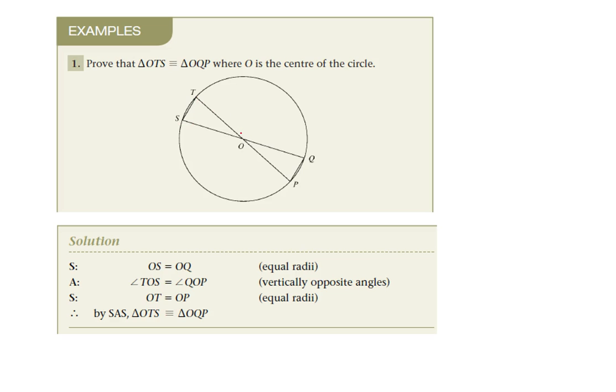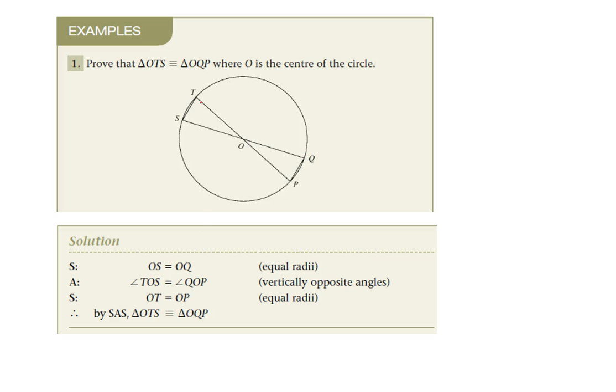Each of these lines here, which go through the center, are radii of the circle, and they're all equal. How we write that is: side OS is equal to side OQ. So OS and OQ, corresponding sides.